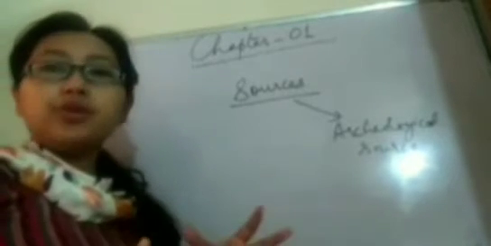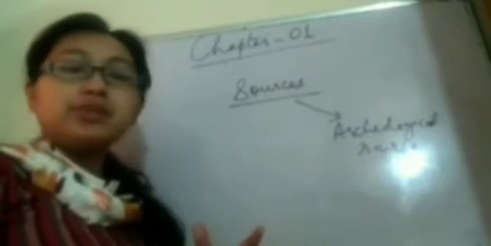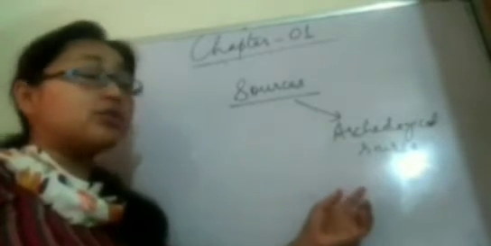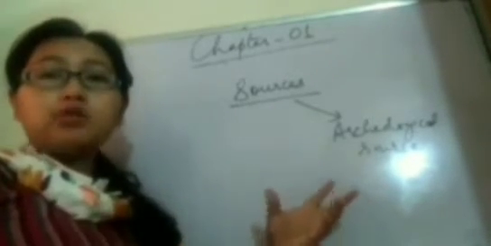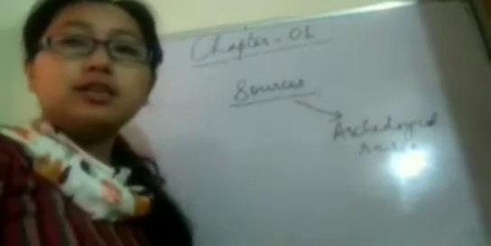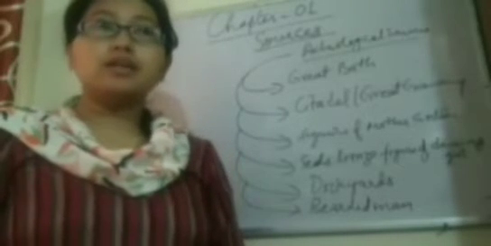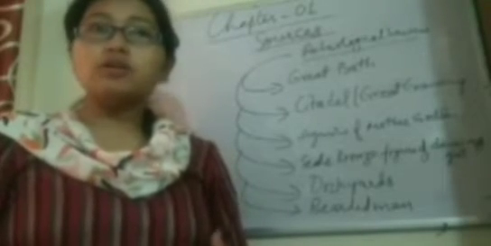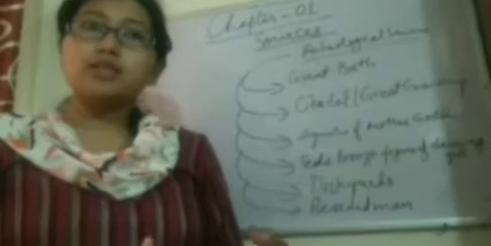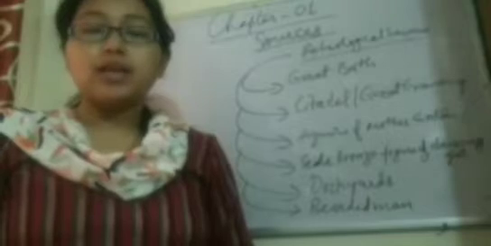Why is there no literary source to reconstruct the Harappan civilization? The reason is that the written material might have been destroyed by Aryans, or might not have been preserved or compiled well.